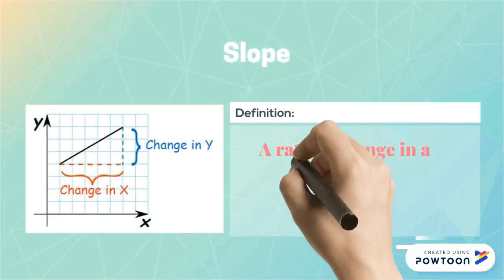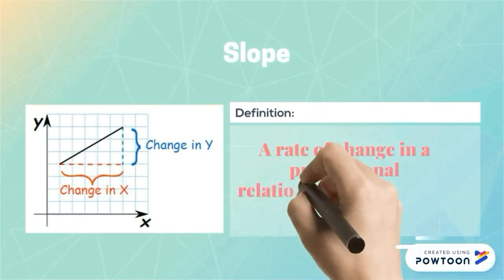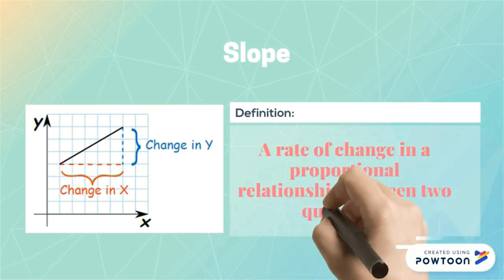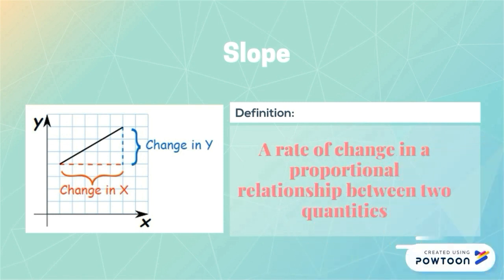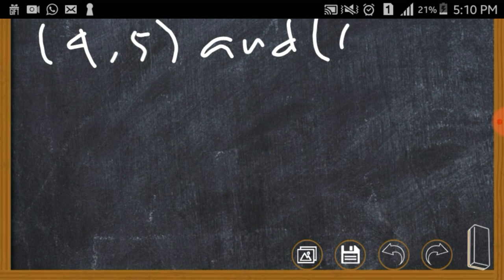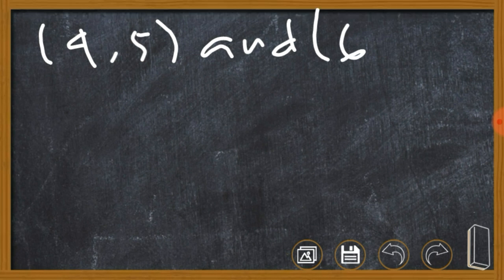Have you ever heard of slope? Slope is a rate of change in a proportional relationship between two quantities. An example of slope: what is the slope of the line through (4, 5) and (6, 3)?